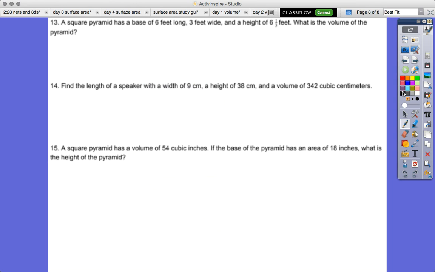Number 13 says a square pyramid, that's very important, has a base of 6 feet long, 3 feet wide, and a height of 6 1/3. What is the volume of the pyramid? So first of all, we know since we have a pyramid that it's 1/3 times the area of the base times the height. So we're going to say that volume equals 1/3.